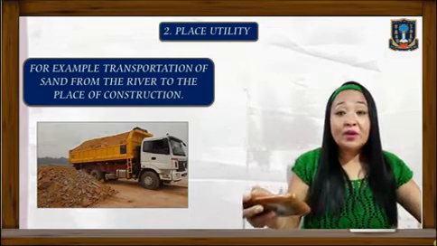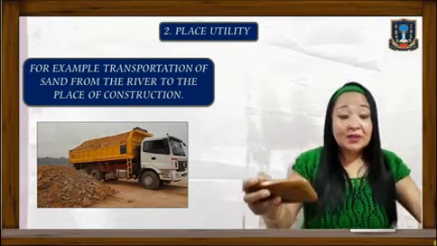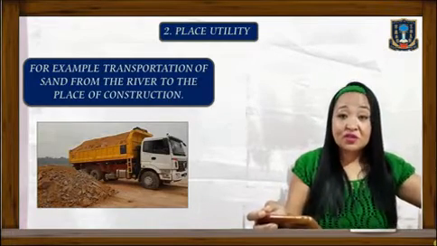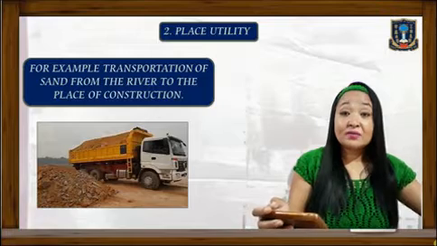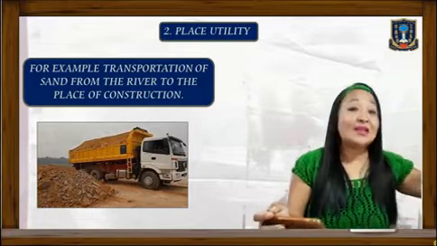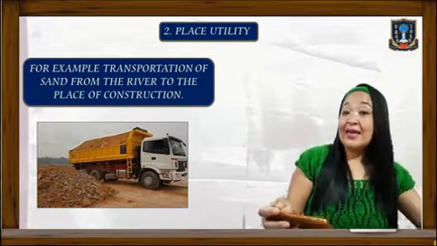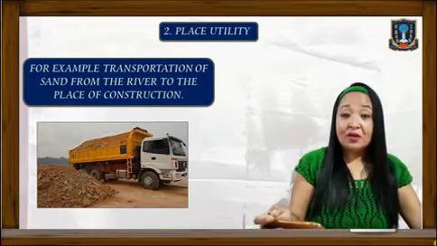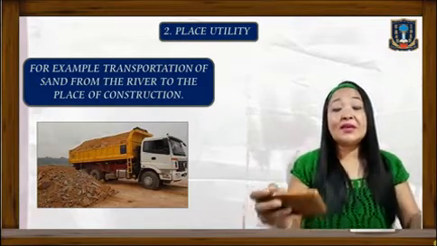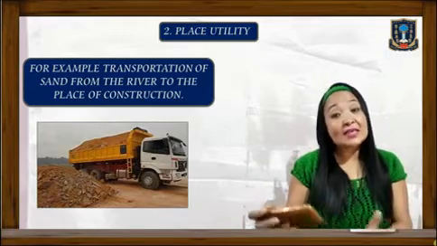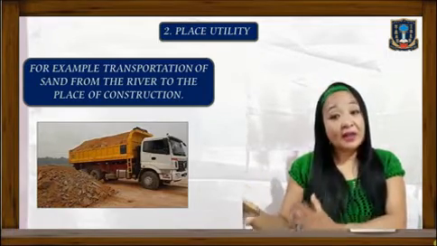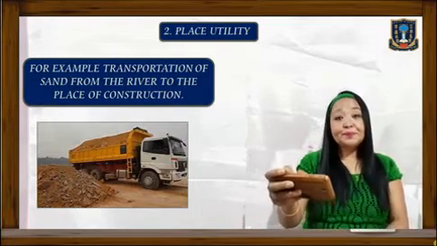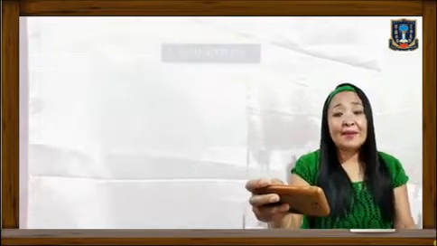But if that sand is carried or transported from that place to a place of construction, then the utility or the value of the sand will increase, isn't it? Now that sand can be used for the construction of our house or anything. So utility can also be created by changing its place from one place to another place. So that is called what? Place utility.